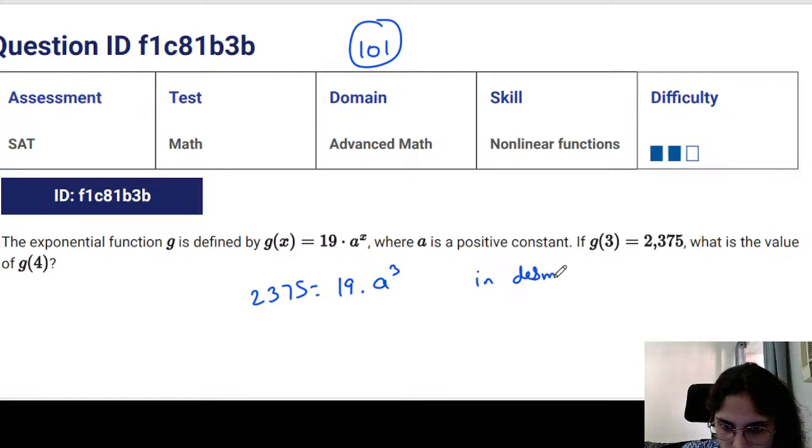So in Desmos, you write y is equal to 2375, you write y is equal to 19 times x cubed. Because this is a cubic equation, do not write them in a single line, write them in two different lines.